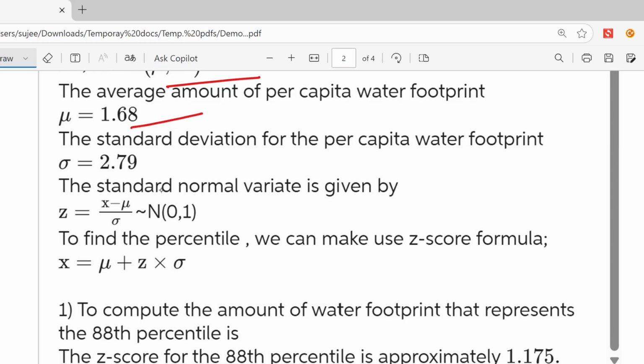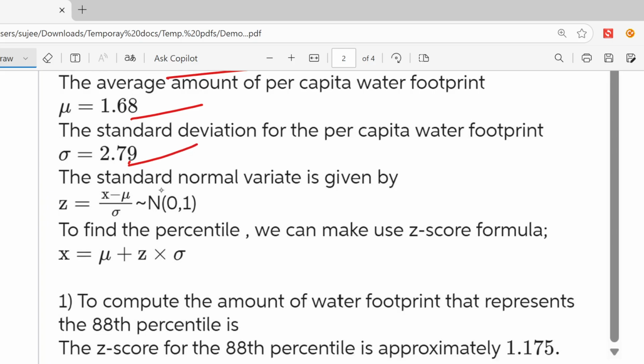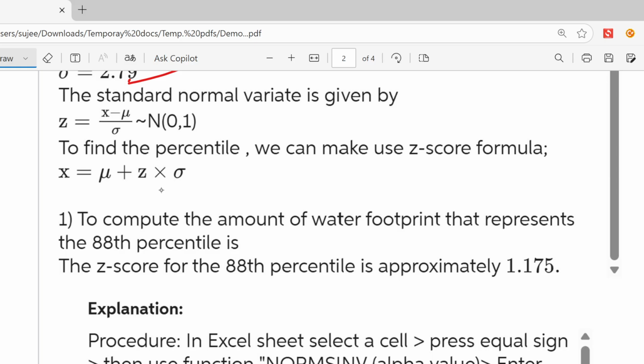The standard deviation is 2.79 megagallon. The standard normal variate is given by z equal to (x minus mu) upon sigma. This is also known as the Z-score formula, and in this case the mean is 0 and the standard deviation is 1.